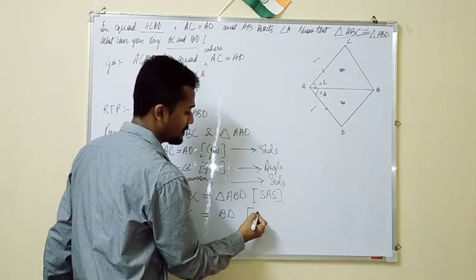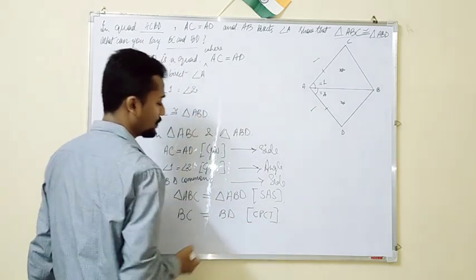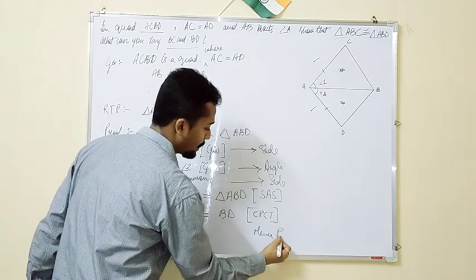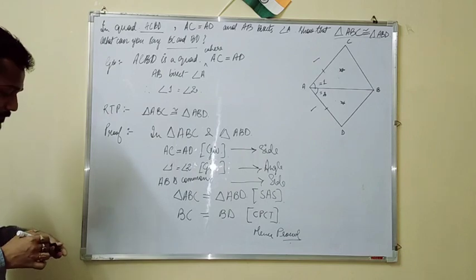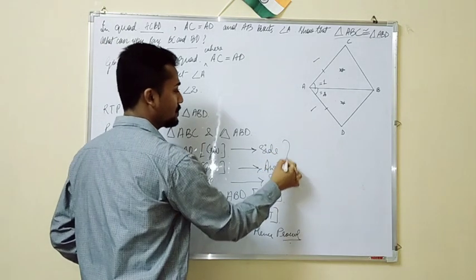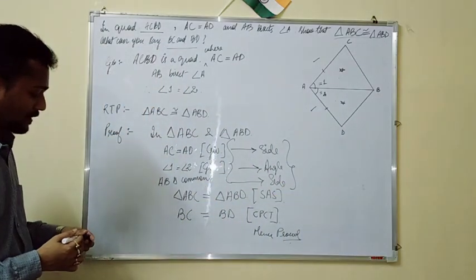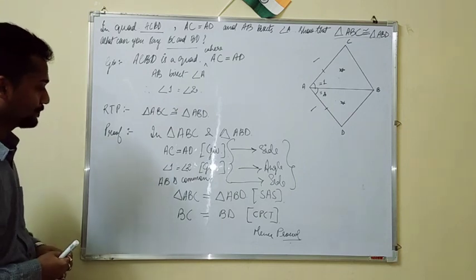Reason: CPCT, corresponding parts of congruent triangles. Hence proved. Is that clear? Okay, so you can complete it.